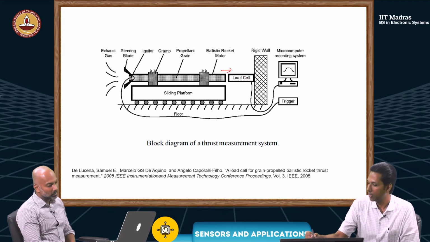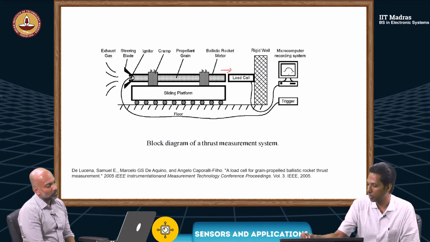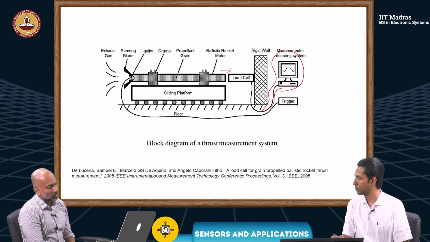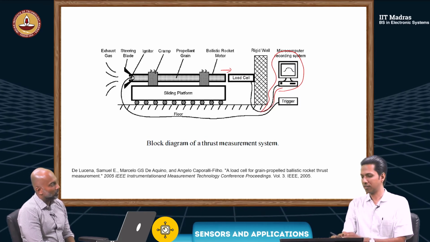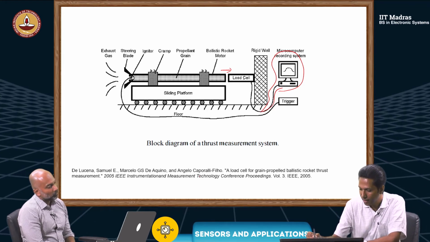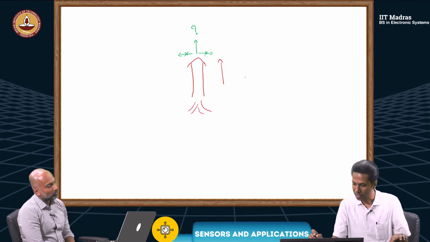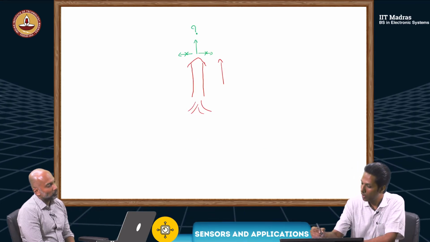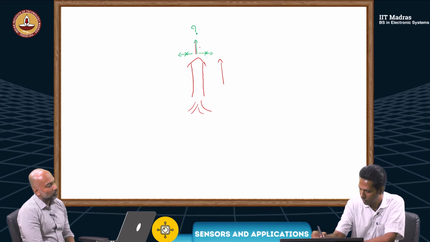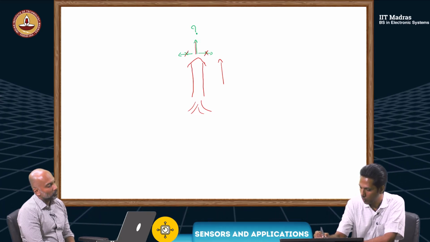It comes and hits, and the force is recorded using, let's say, a computer system. Let's not go into details of how that is realized. But the key thing is, as I explained previously, I wanted to measure this alone and not these two.